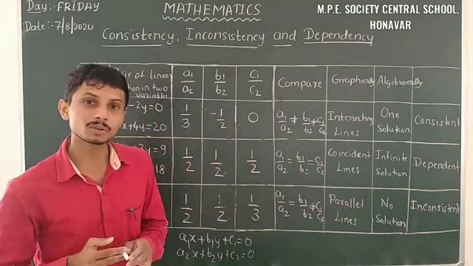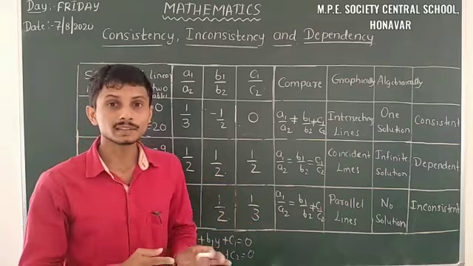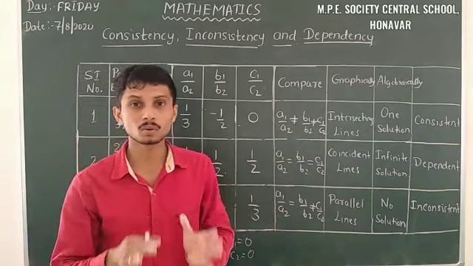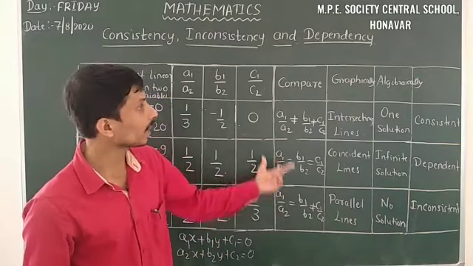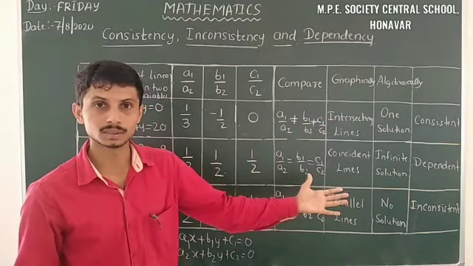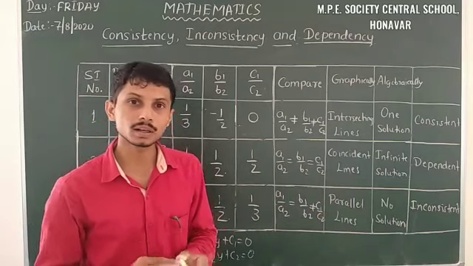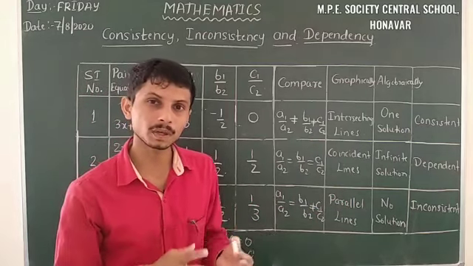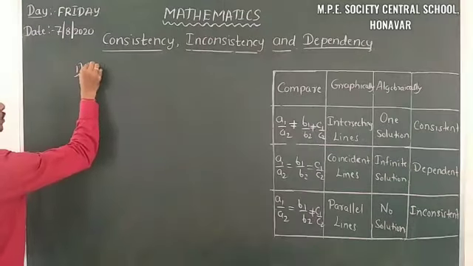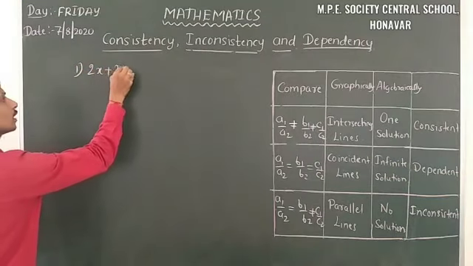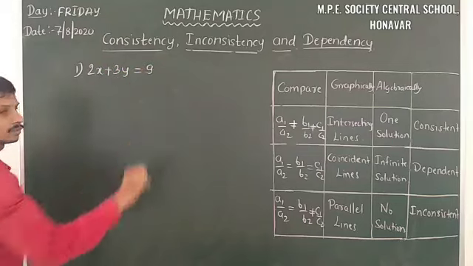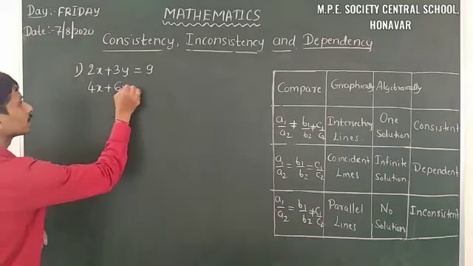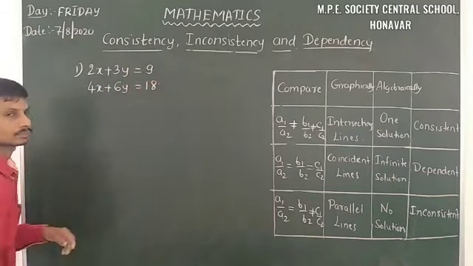So these are the comparisons between consistent, inconsistent and dependent pairs with the ratios of their coefficients. Let us move on to the next topic, where we are taking some problems on pairs of linear equations in two variables. 2x plus 3y is equal to 9 and 4x plus 6y is equal to 15.